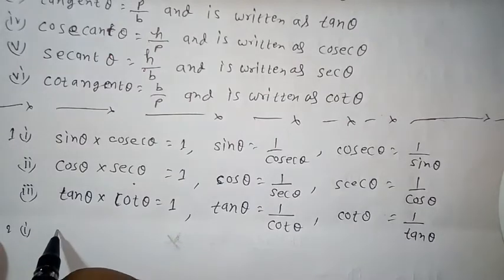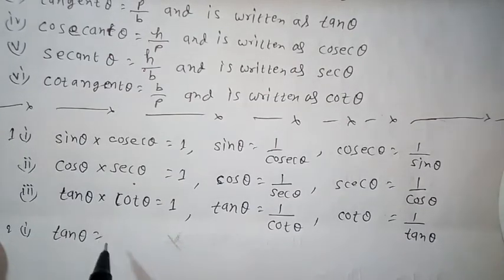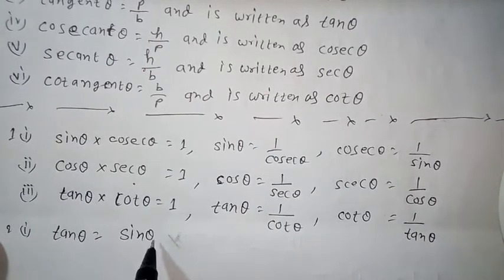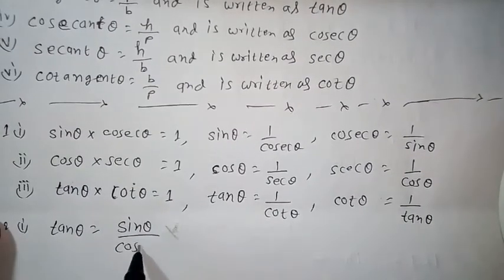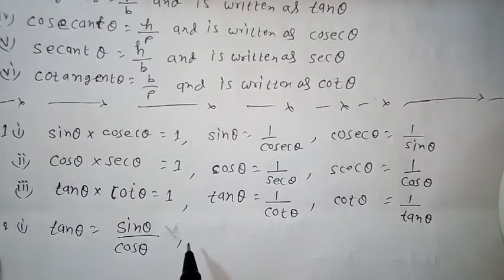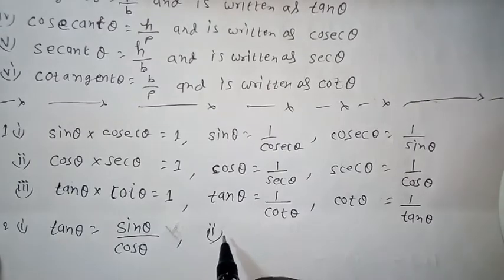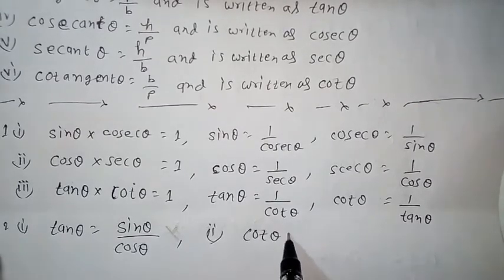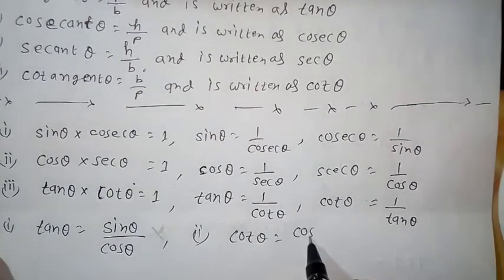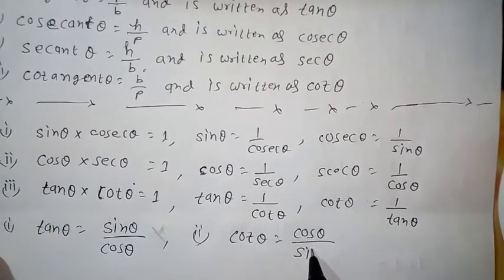Next, tan theta is equal to sin theta by cos theta. Cot theta is equal to cos theta by sin theta.